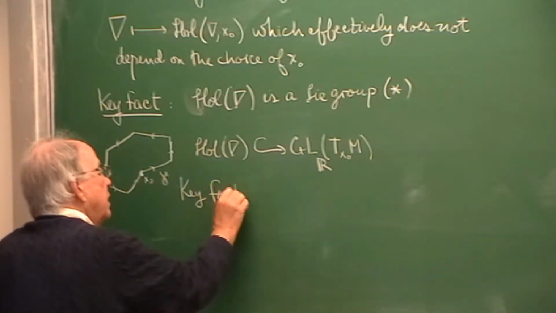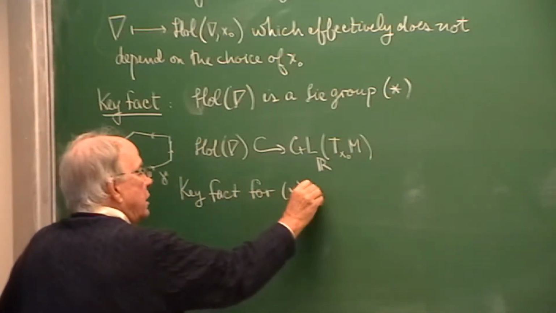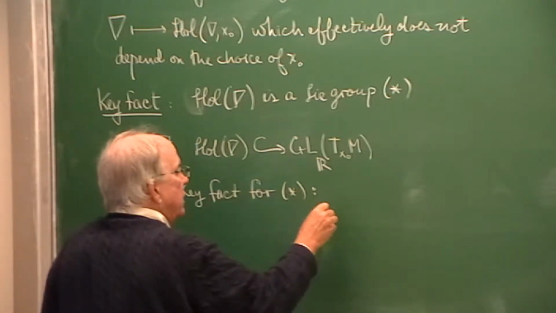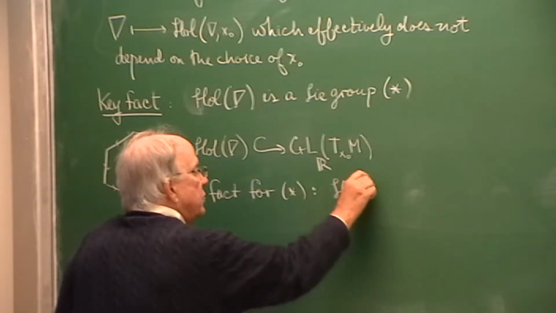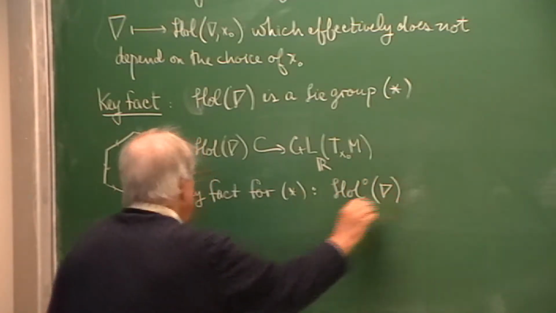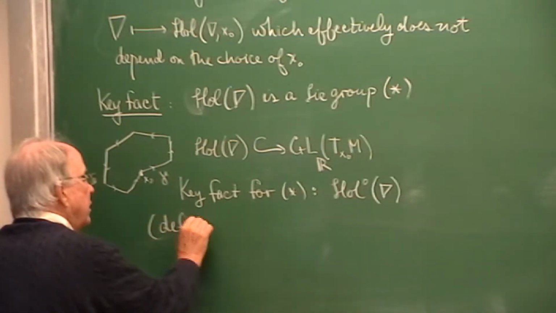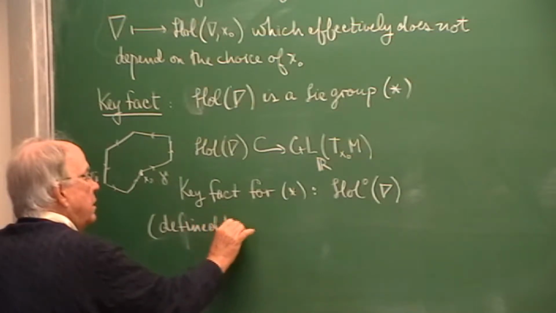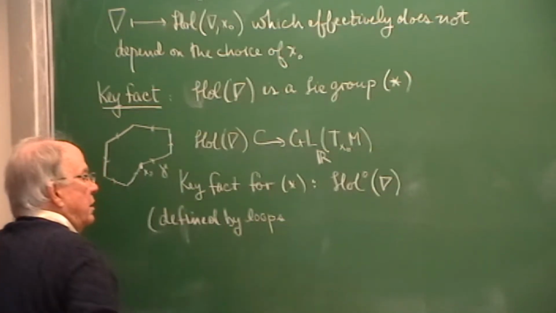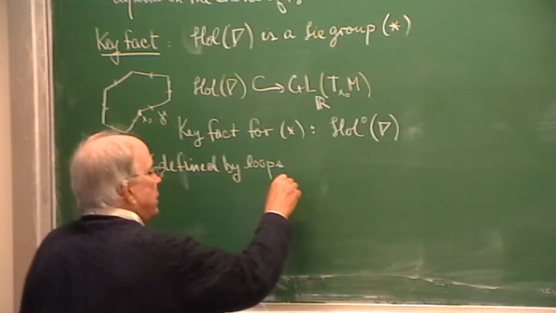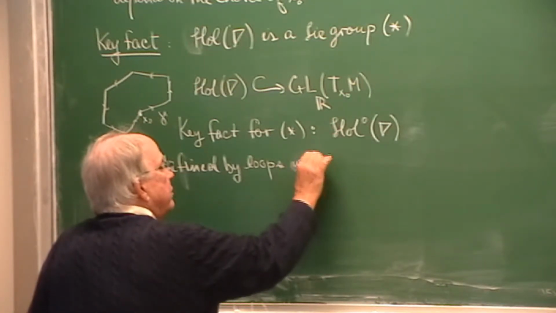The key fact for proving star is that the connected component, the holonomy group H_0, is defined by loops which are homotopically trivial.